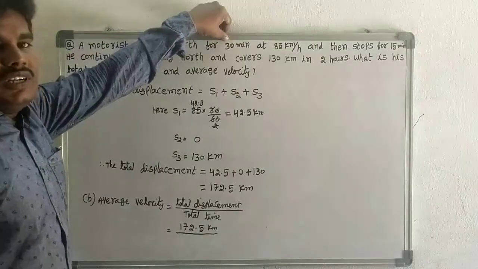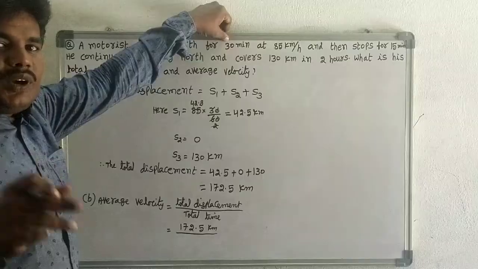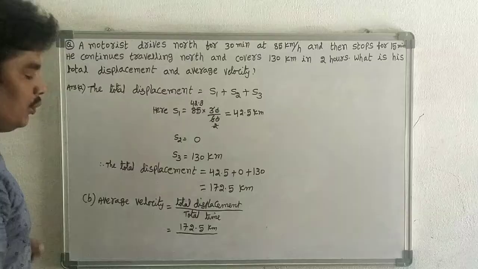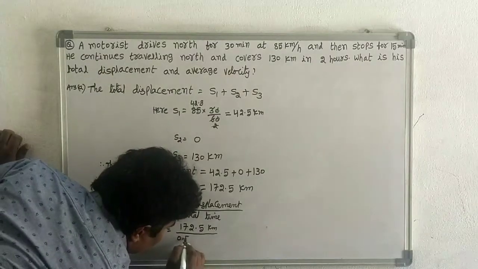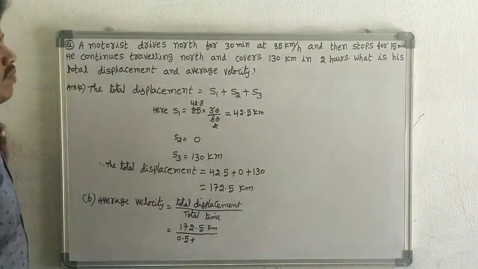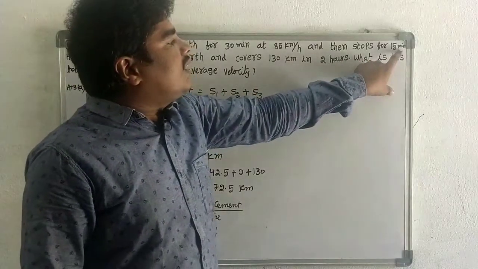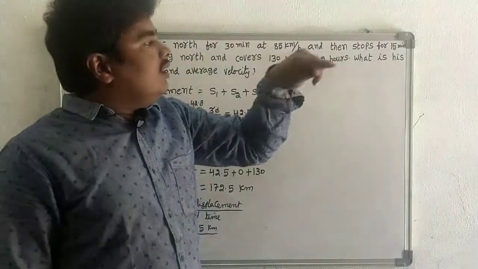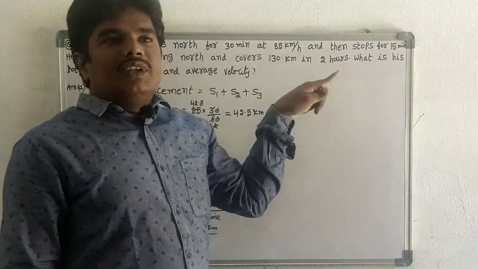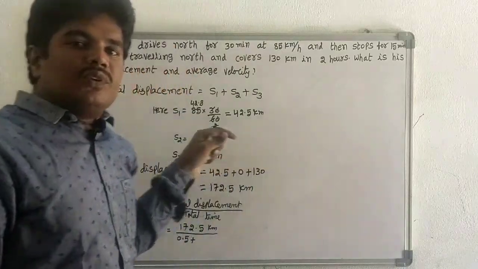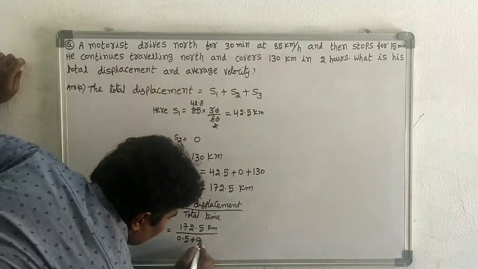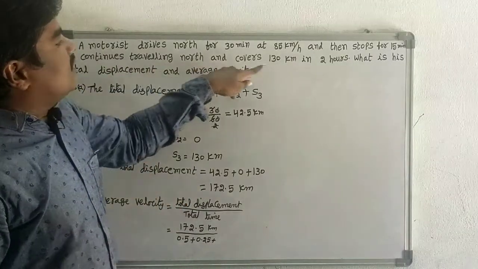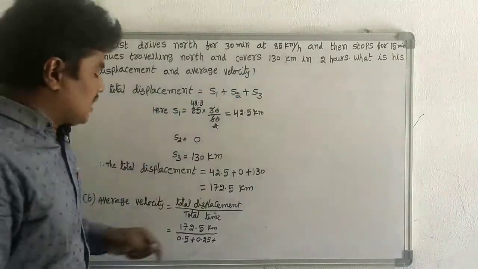First, the time of 30 minutes we have to convert into hours: 30 by 60, 1 by 2, is 0.5 hour. Plus, second, he stops there for 15 minutes, so we convert it into hours: 15 by 60, 1 by 4, means 0.25. Plus traveling north and covering 130 kilometers in 2 hours.